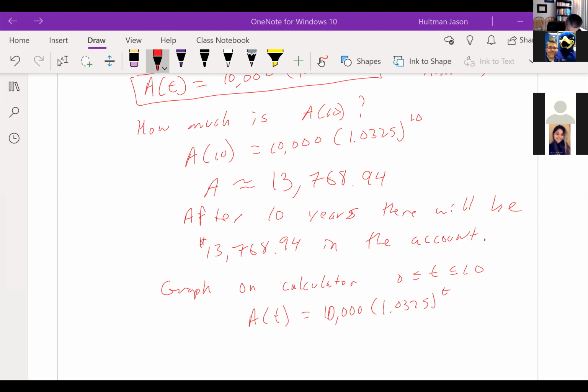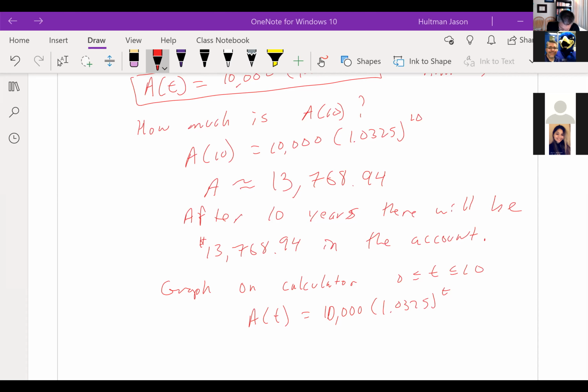10,000 times 1.0325 raised to the x power. I've never used it before, so this is just an experiment. Enter. Let's go back to the graph and zoom way out.